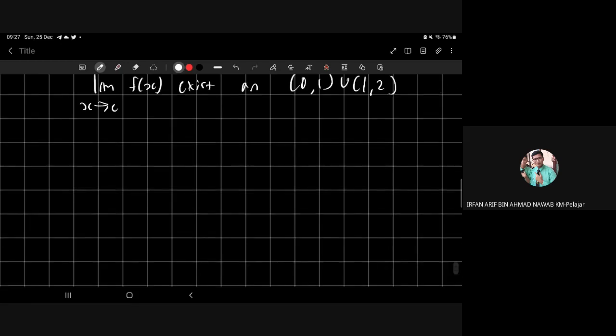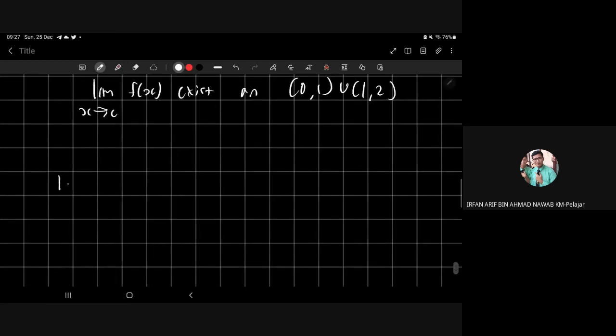Question 19. For this question, they give us the limit as x approaches 0 from the right of the absolute value of sine of x over sine x. So from the right.